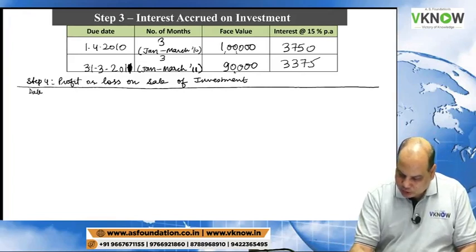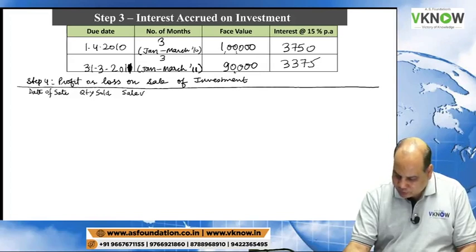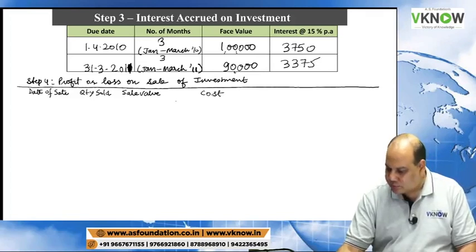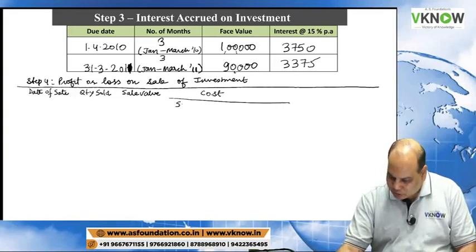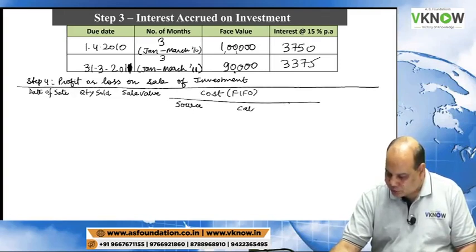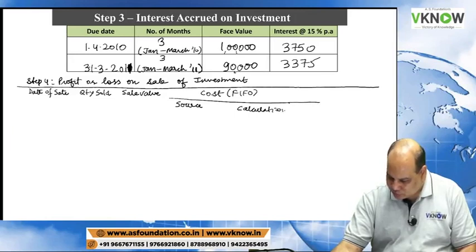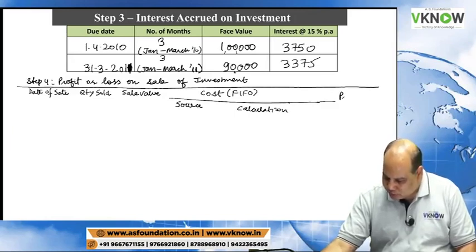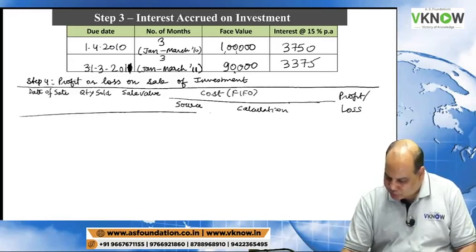So write down a small table: date of sale, quantity sold, sale value, cost. Under cost, we will write down source. Cost is based on FIFO. Then calculation, and then we will calculate in the last column profit or loss.